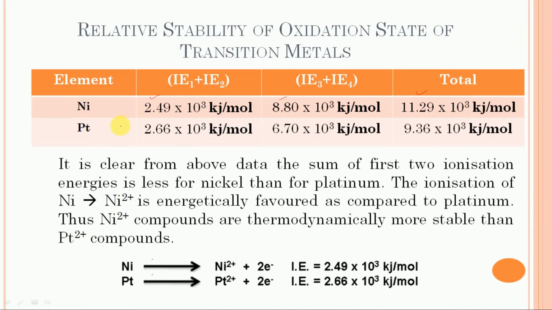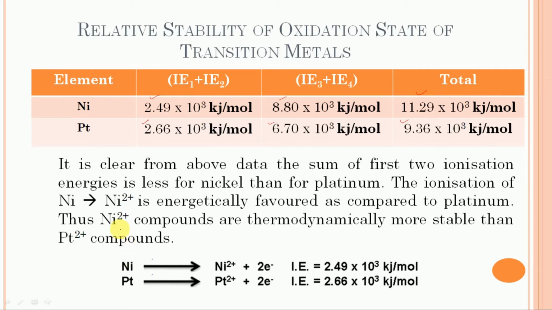Similarly for platinum, the first and second ionization energy corresponds to this value, the third and fourth ionization energy to this, and the total value to this figure. It is clear from the table that the sum of the first 2 ionization energies is less for nickel than for platinum.